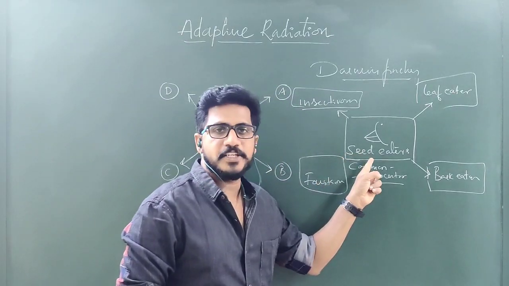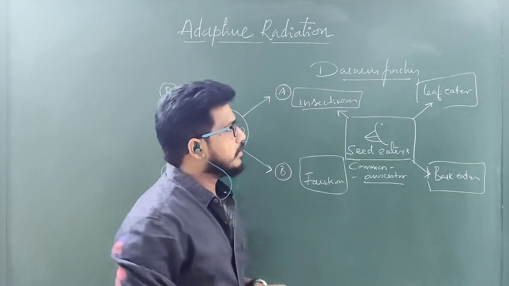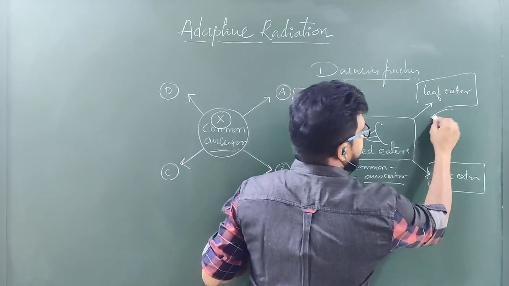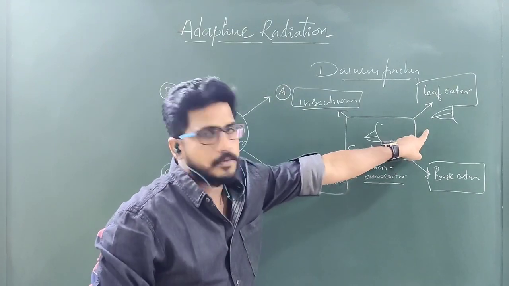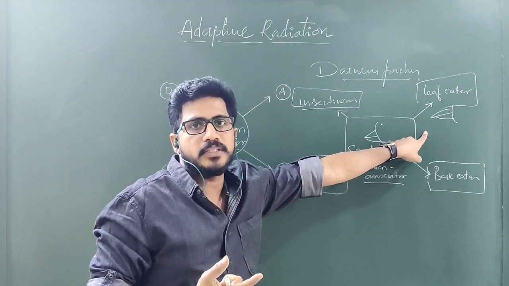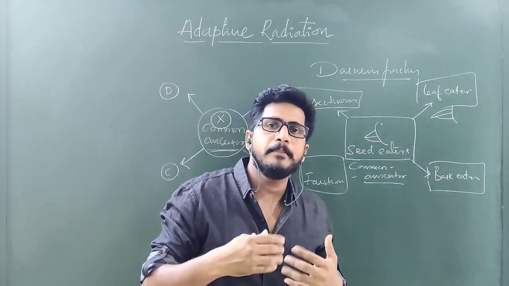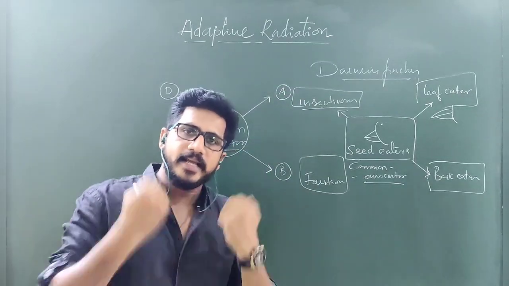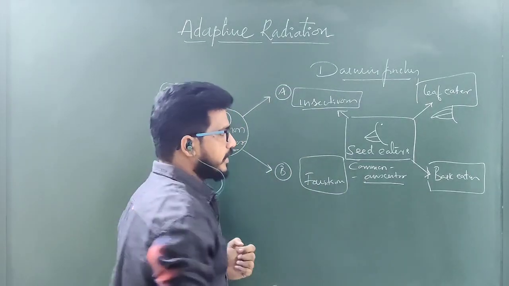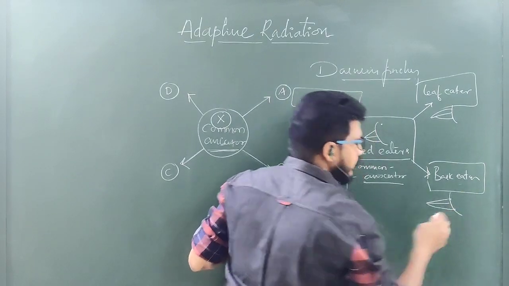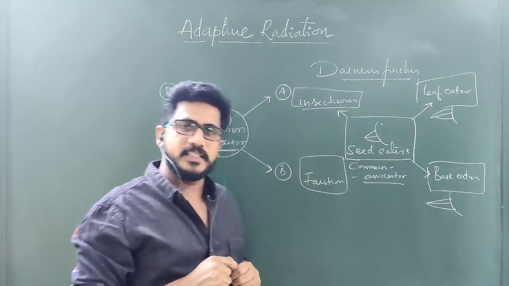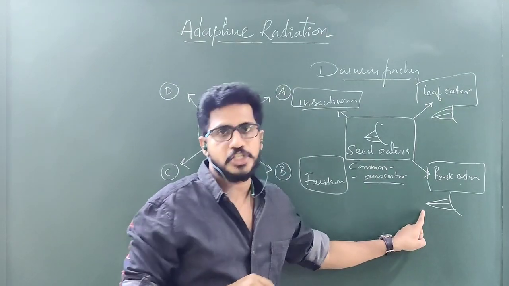The original species is a seed eater, whereas the leaf eater has a beak like this. To catch the leaves, the beak should be sharpened, so according to their habits, the beak shape is changed. It is inherited in their genes, right? Next, the bark eater has to pin the bark of the stem, so the beak will be very sharp.